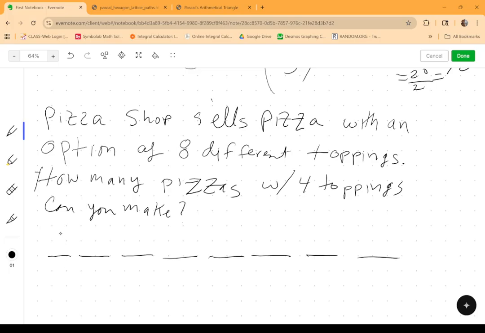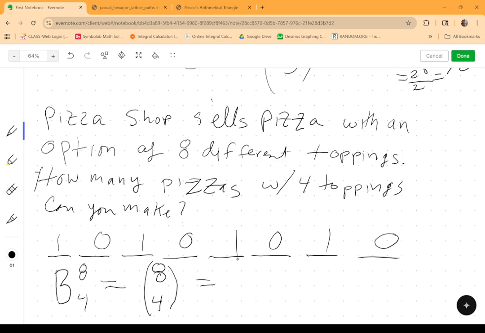So I can think of 1, 1, 1, 1, and the rest get filled in with zeros. We can interpret it as an 8-bit string with a weight of 4. Well, I know how to solve those now. That's 8 choose 4.